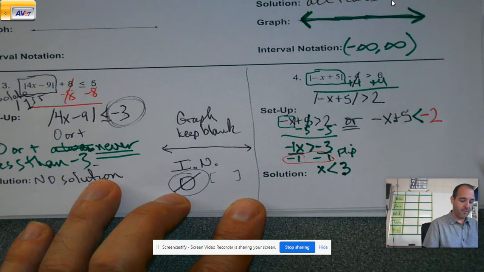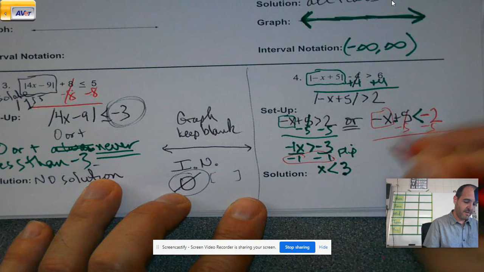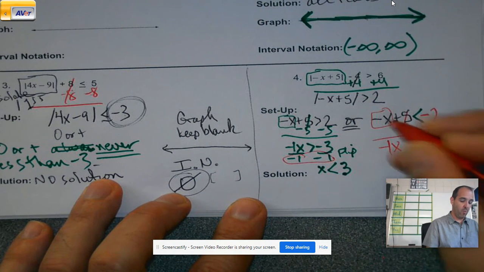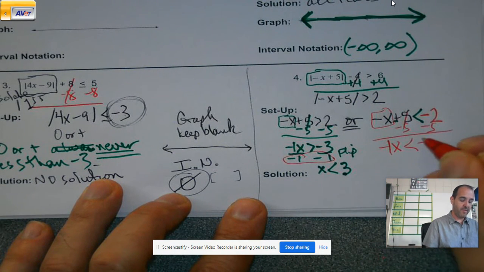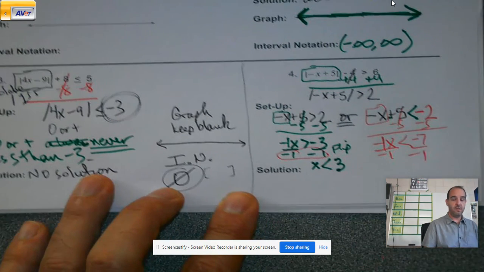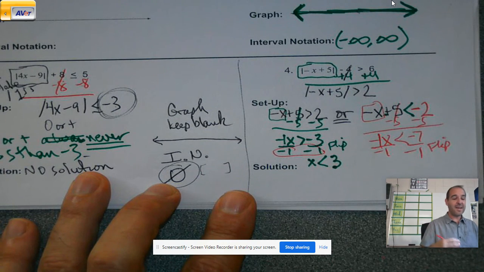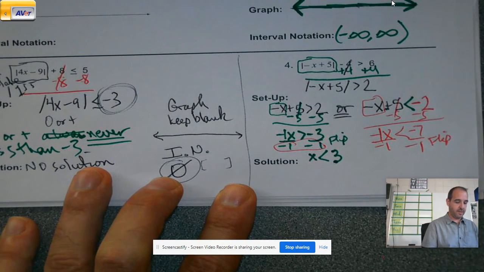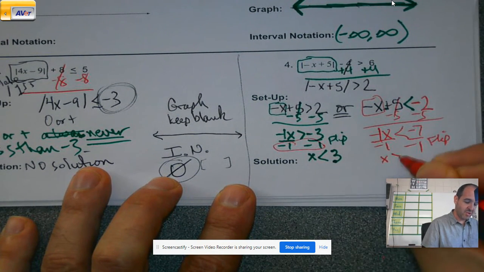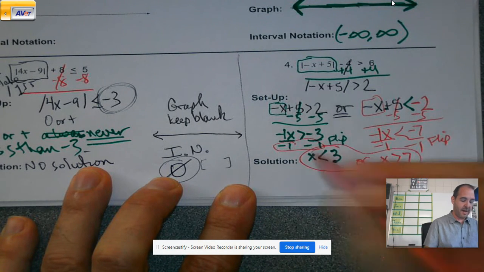Okay, that's the good thing about notes. Minus 5. Negative x. I like to put the 1 in front to remind me there's a number there. Again, divide by -1. Flip. Write it out in words until you get used to it. X is greater than 7. So there's my solution.